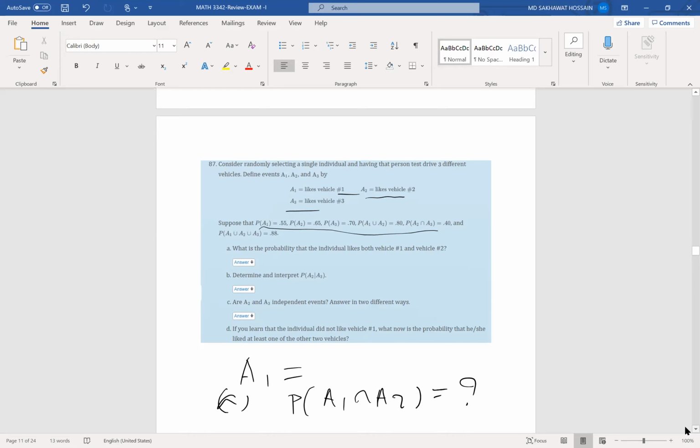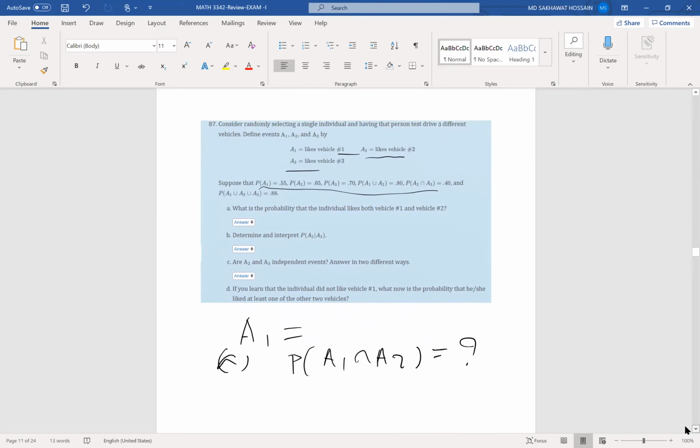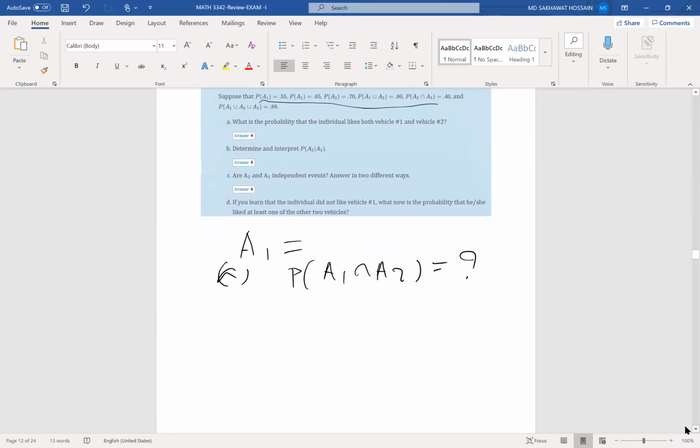So how can we find this probability? If we knew that the events were independent, we could find it directly, but we do not have this information. Actually, they are not independent.